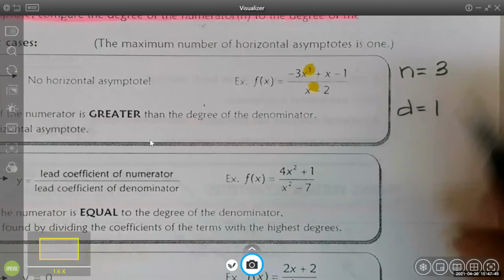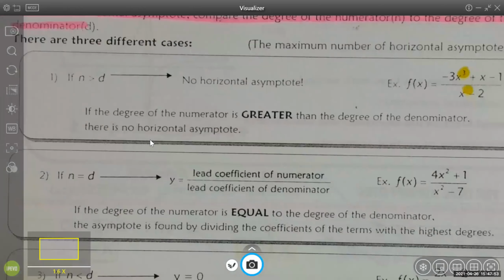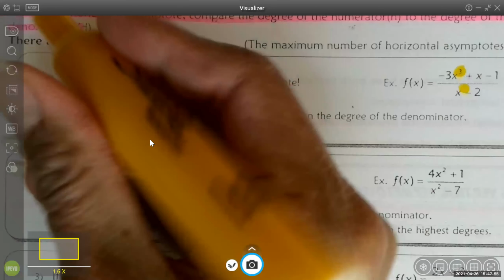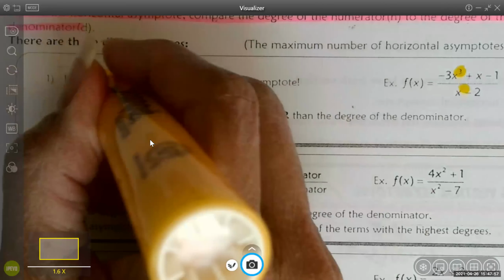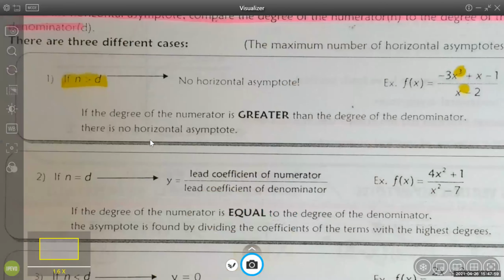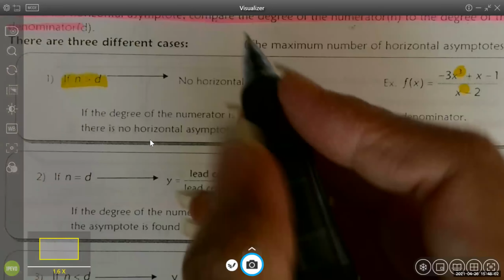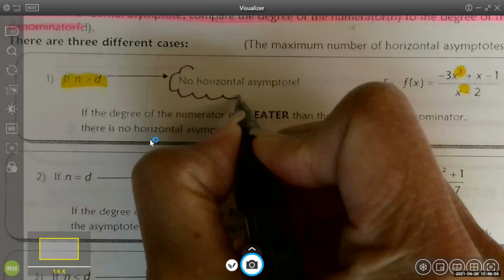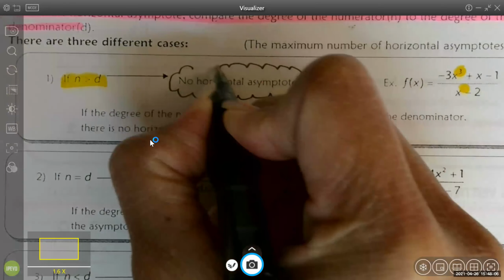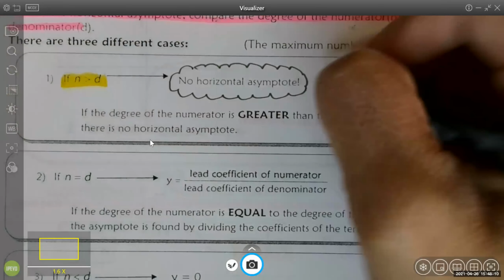And when that happens, our condition says if N is greater than D, there will not be any horizontal asymptotes. What we are going to have are called slant asymptotes.